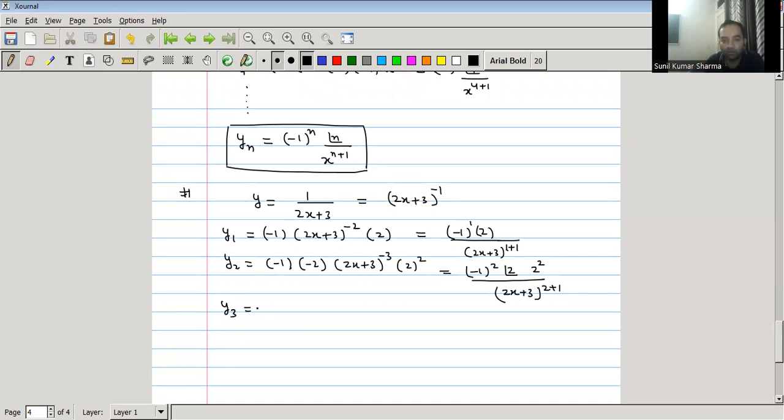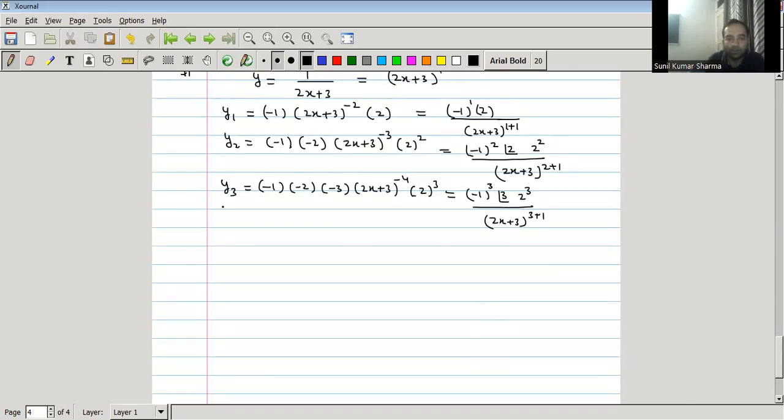Now we can write y3: -1, -2, -3, 2x plus 3 power -4 into 2 cube. So we can write this as -1 to the power 3 into 3 factorial into 2 to the power 3 divided by 2x plus 3 to the power 3 plus 1.